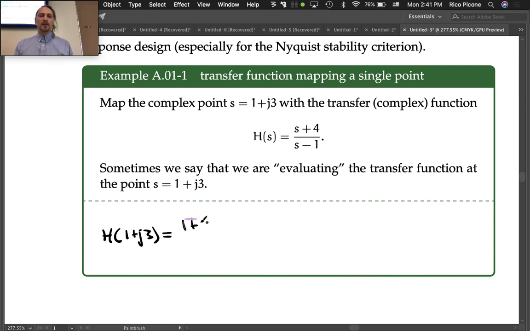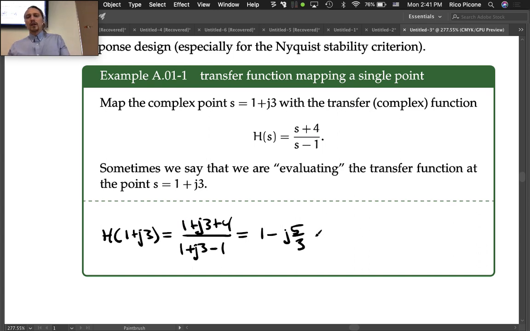So 1 plus j3 plus 4, over 1 plus j3 minus 1. And the 1's cancel. You have a j3 on the bottom. You could multiply it by j over j if you wanted to give yourself 1 minus j5/3. We could also use a polar form or phasor form of the complex numbers to combine them. That would be fine as well.